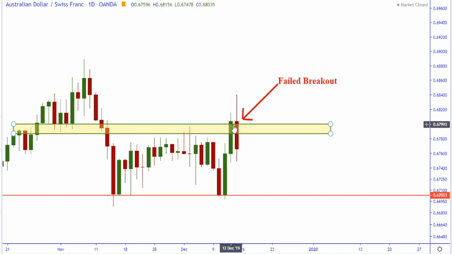I had told you to put your entry here and your stop loss above this candle where it ended. Well, you probably wouldn't have been able to do that, but you could have definitely taken the entry and you would have been in profit now. It would have been a small profit, but 33 pips.